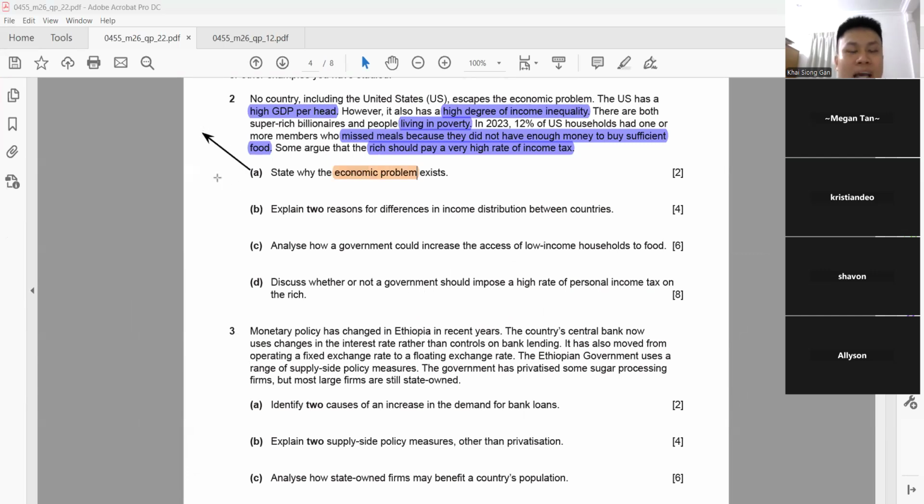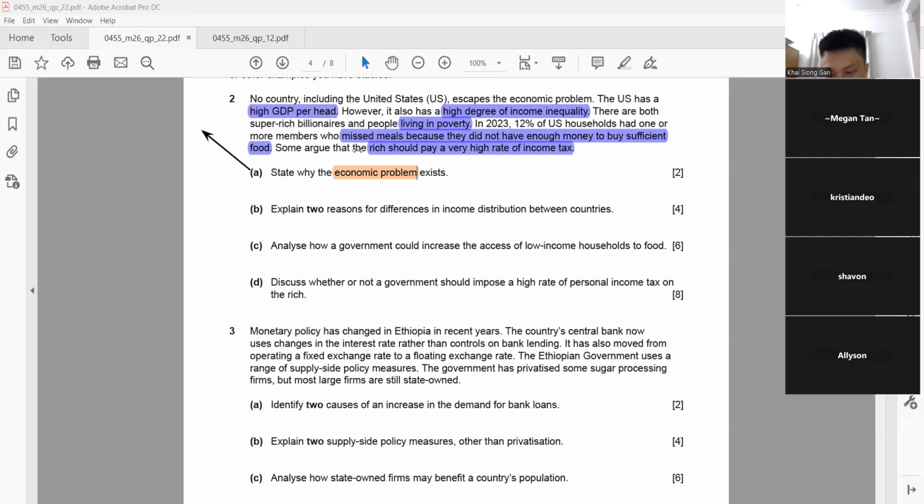First one, why the economic problem exists? Very good, Cindy. You got the full marks already. Scarcity, unlimited wants and needs, but limited resources. Very good.